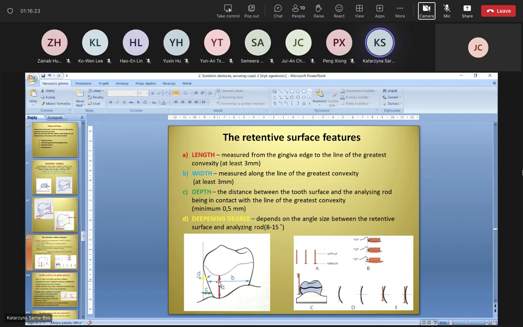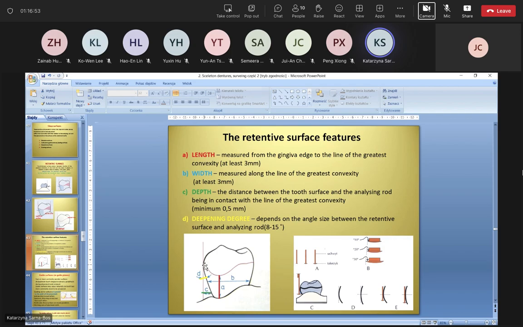What about the width? The width is measured along the line of the greatest convexity, and it should also be at least 3 millimeters. Then we have the depth, the distance between the tooth surface and the analyzing rod in contact with the line of greatest convexity, and the minimum depth is 0.5 millimeters.